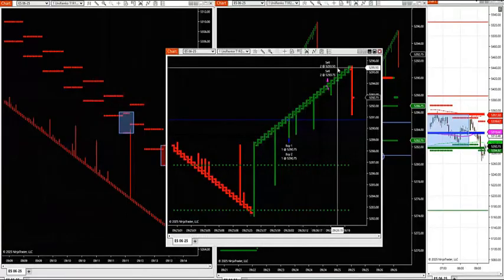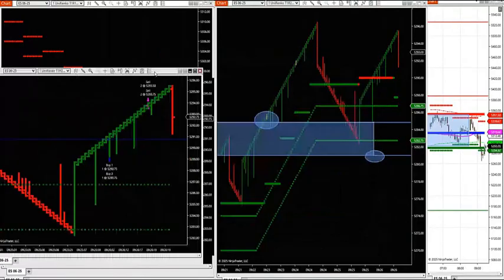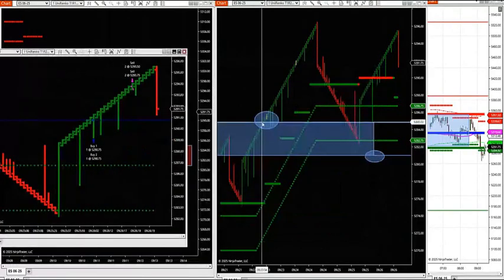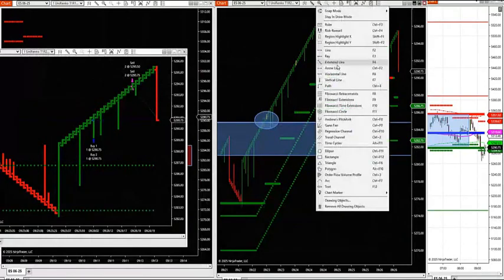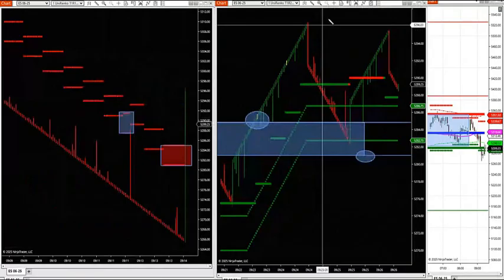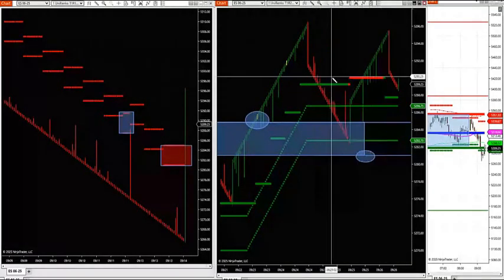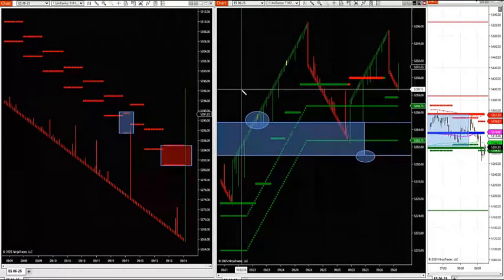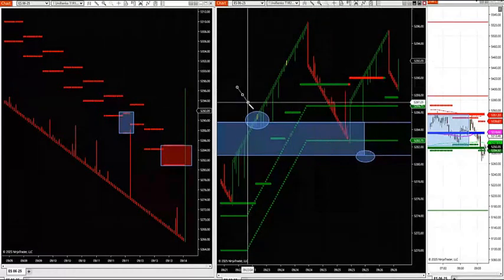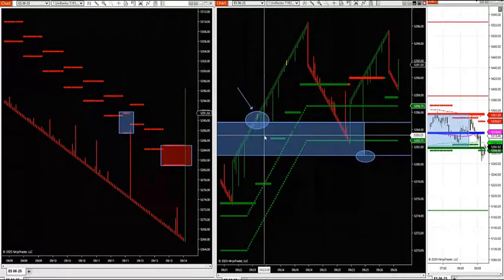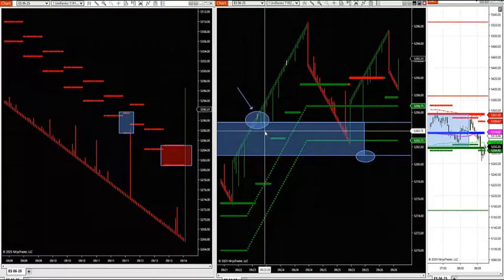Algo took a $300 trade here. Why? I turned it on because I love when we break out of the zone. As soon as I see we break out of the zone, here, let me show you. As soon as you break out of that zone, that's a good time to look for a first liquidity grab pullback.